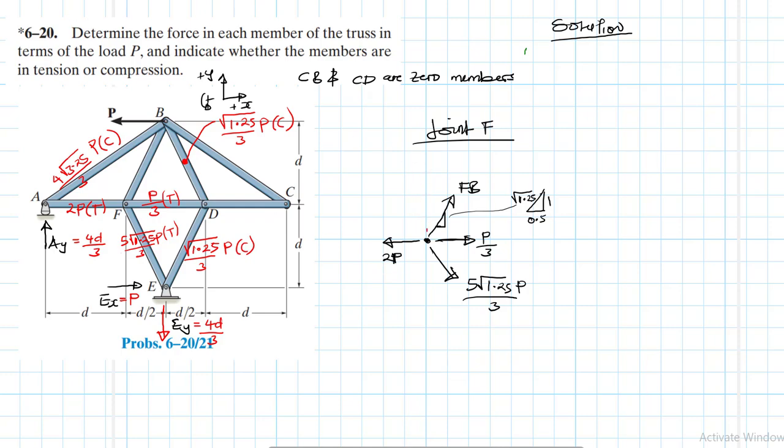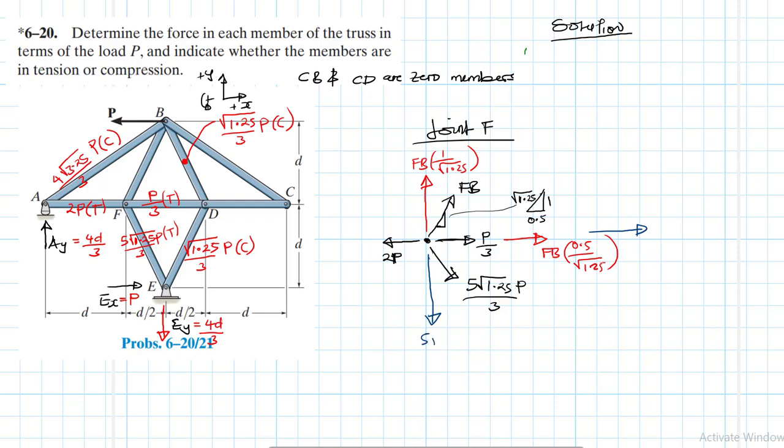So we expect to have a component there like so, and another one like so. So this one is FB, 0.5 divided by root of 1.25. Then FB, 1 divided by root of 1.25, like so. And of course, you expect another component there like that, and there like that from the other side.